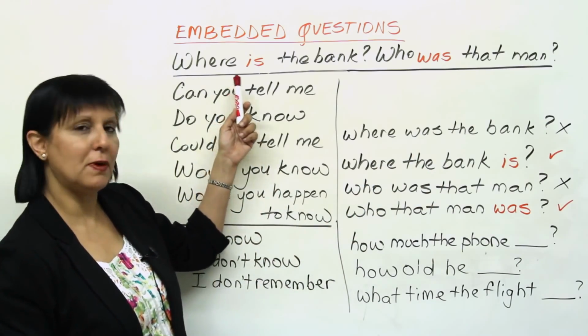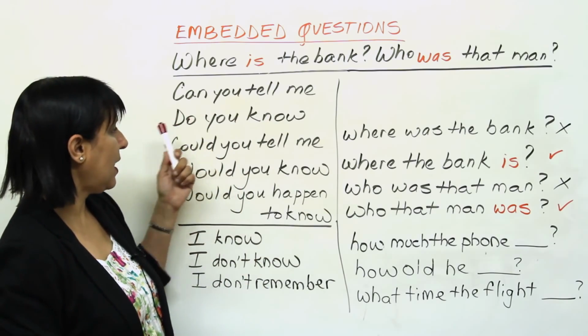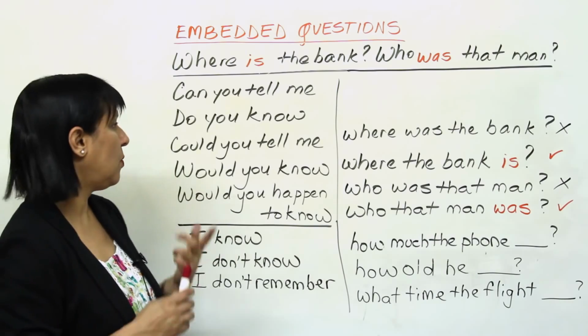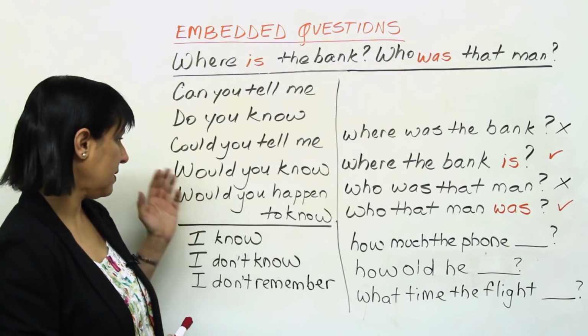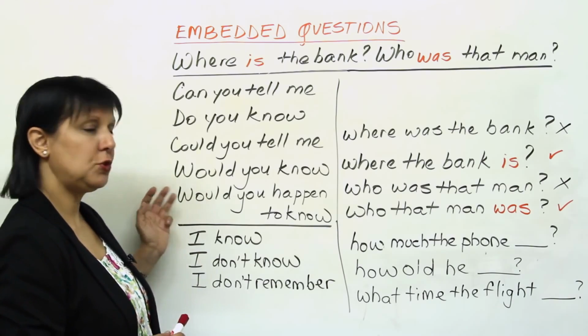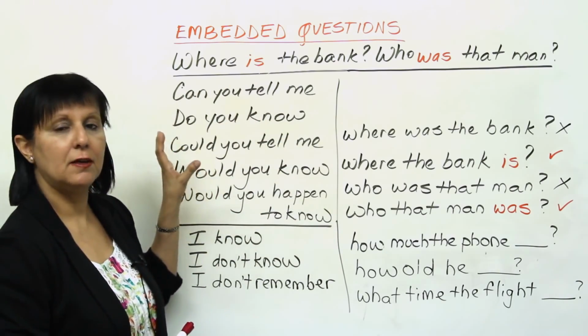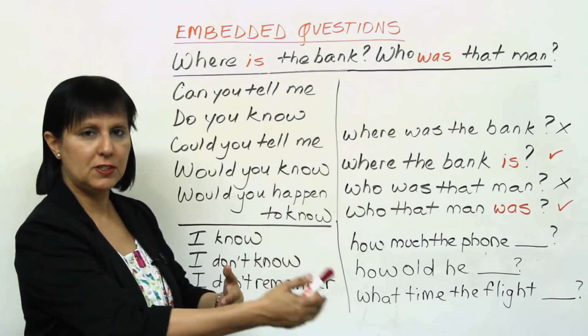The original question by itself, if you ask it, is where is the bank? But if you add something before it, like, can you tell me? Or, do you know? Or, could you tell me? Would you know? Would you happen to know? Right? If you add one of these expressions before the rest of the question, then the order changes back.